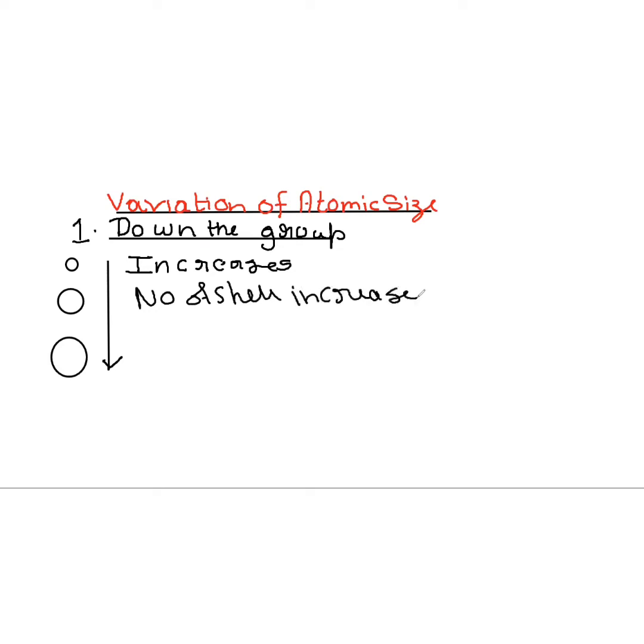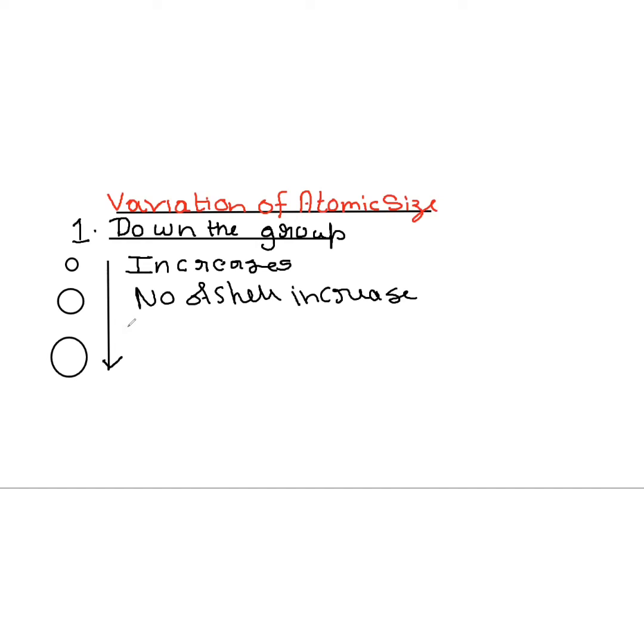If you have observed the periodic table, suppose we see the first group. In the first group you can see lithium, sodium, potassium. You will find that when we move down the group, the number of shells increases by 1. It means when the number of shells increases, the distance between the nucleus and the outermost shell also increases. So when that distance increases, the atomic size increases.